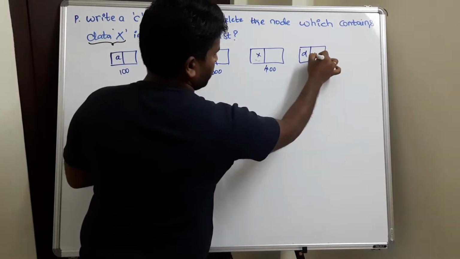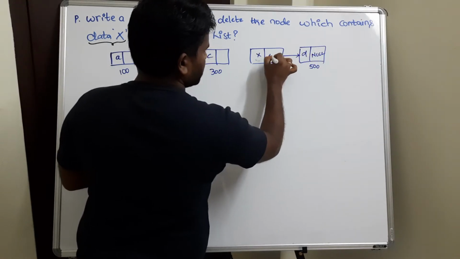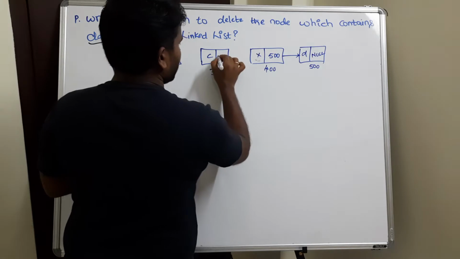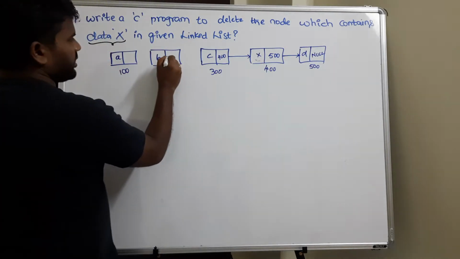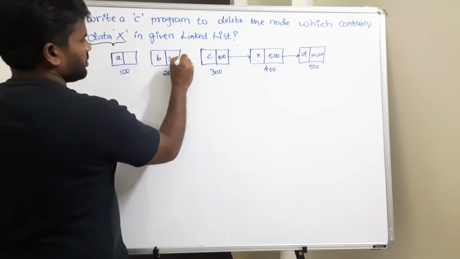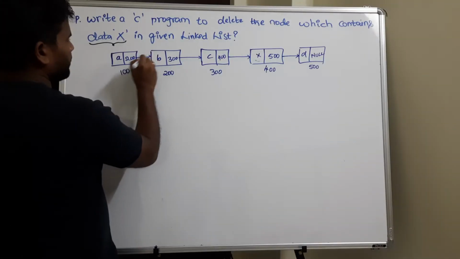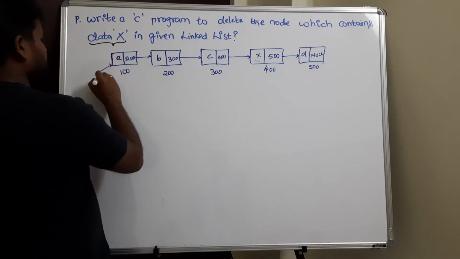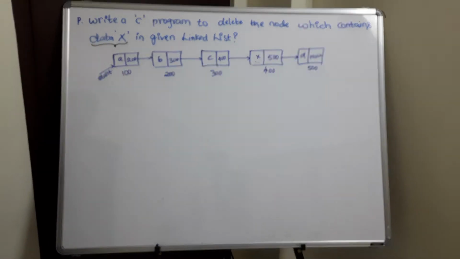The last node will always have null. It is pointing to 500, and 400 is pointing to 300, and it is 200. And this is the start of the linked list.